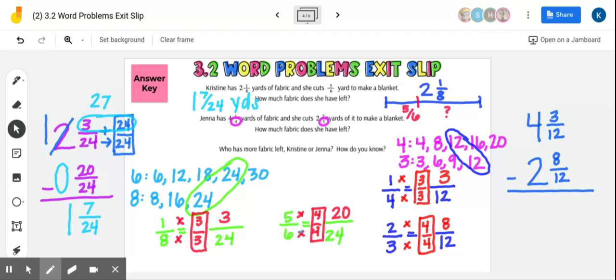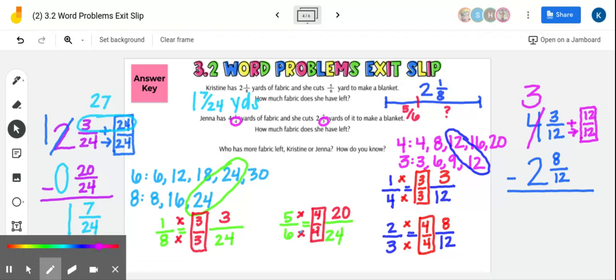So again, I have this situation where I have 3 minus 8, and I can't do that. So this 4 is going to become a 3. And that 1 that I took from my 4, I'm placing it over here. And we just want our denominators to be the same. So I'm going to make my giant one 12 twelfths. And when I add 12 plus 3, I get 15.